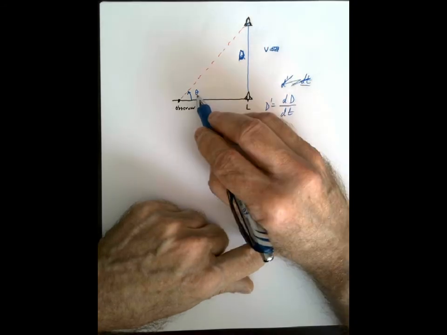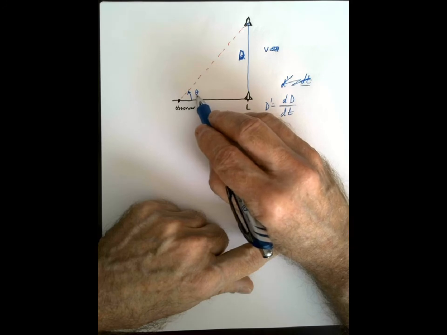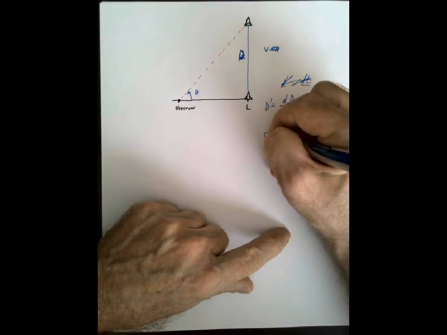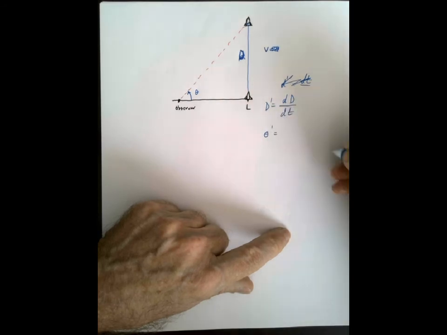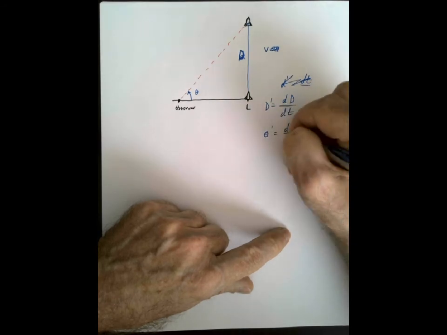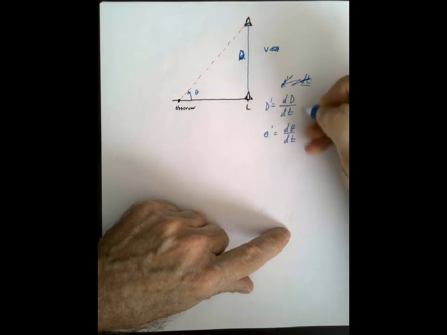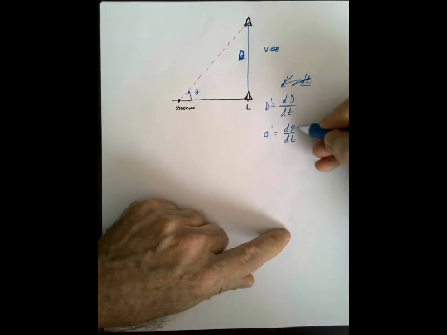At the same time, this angle is increasing, isn't it? Okay? So theta, we're going to call it theta primed, and using our formal calculus notation, we've got this quantity d theta/dt.